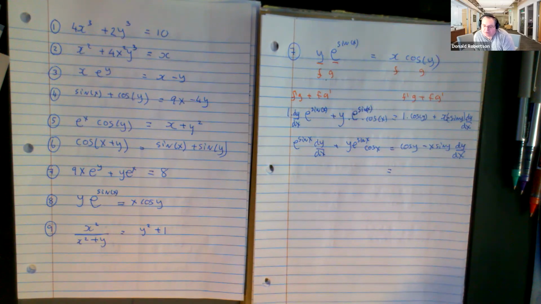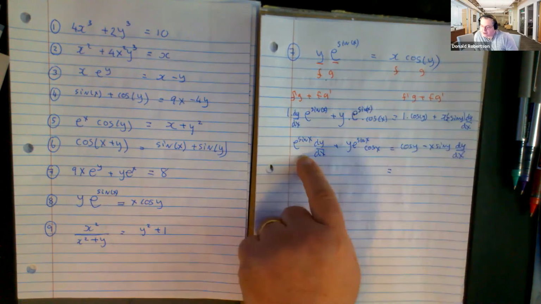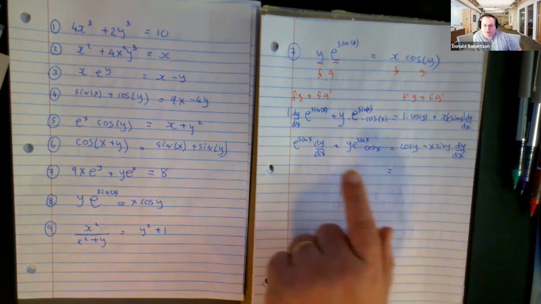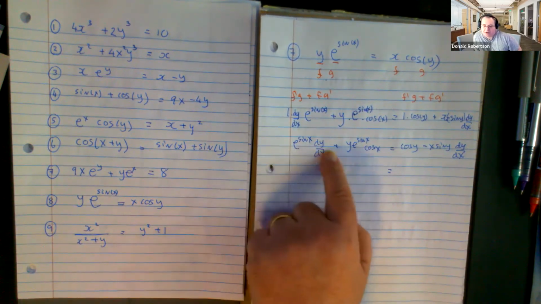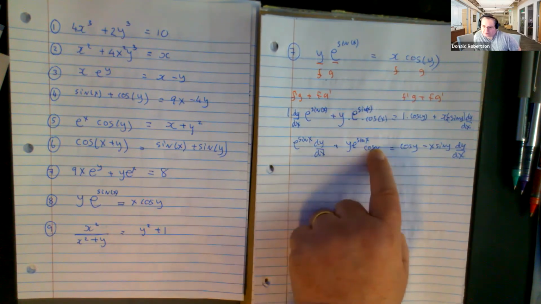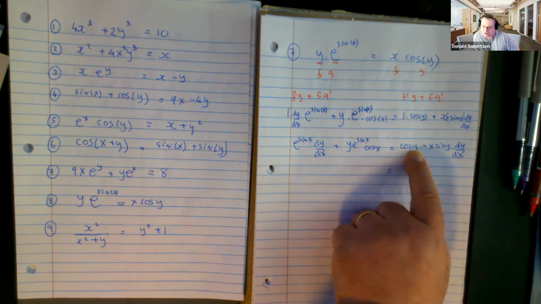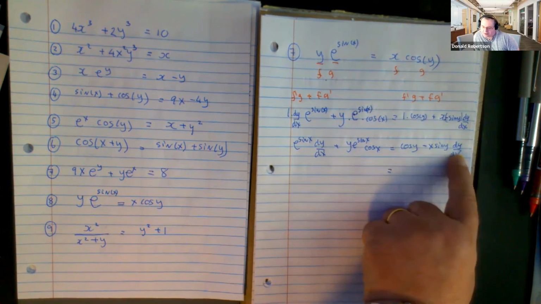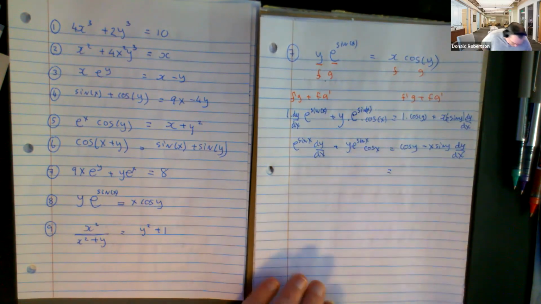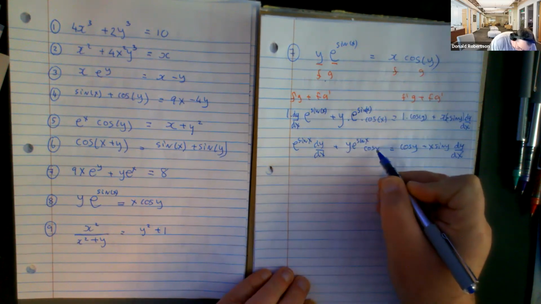Right, do you see we've got the "as long as you do it to both sides" thing kicking in here? Uglier, but essentially the same. And so I'm going to keep this guy because I like where it is. Don't like you, so I'm going to subtract this fella here from both sides. Kind of like him where he is. Don't like that there, want it over here. So that means I'm going to subtract y e to the sine x cosine x from both sides.